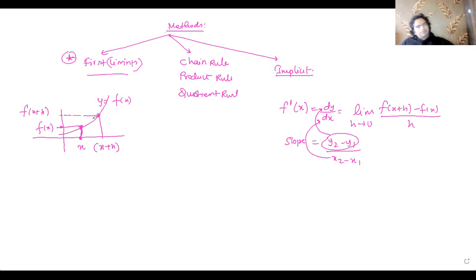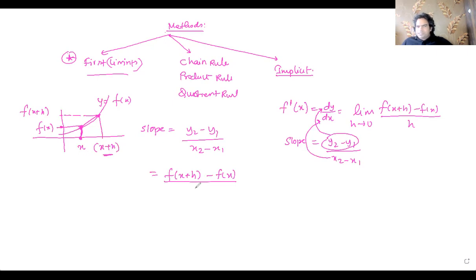Now let us say these are the two y values, and if I find the slope of this chord, it will be y2 minus y1 over x2 minus x1. So y2 minus y1 is f of x plus h minus f of x, over x2 minus x1.